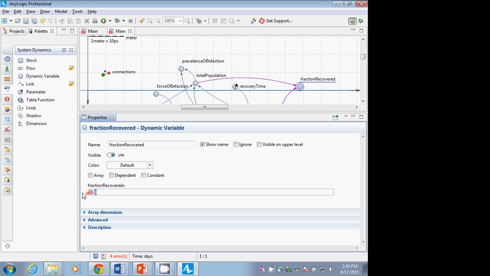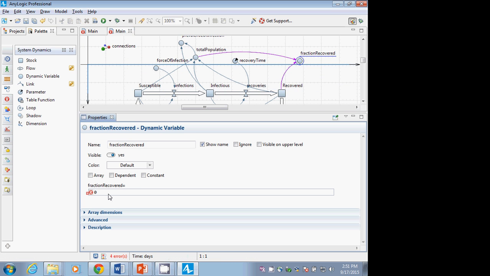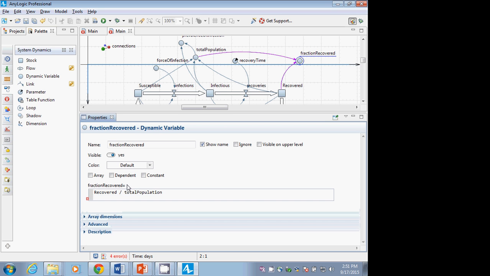Okay, so option space is your friend, right? What's the formula here? Speak, as in one voice. Number recovered over. Good. Number recovered. Okay. So recovered divided by total population, right?